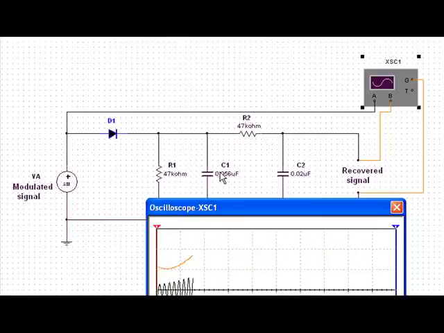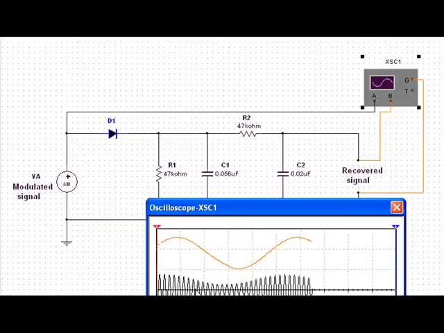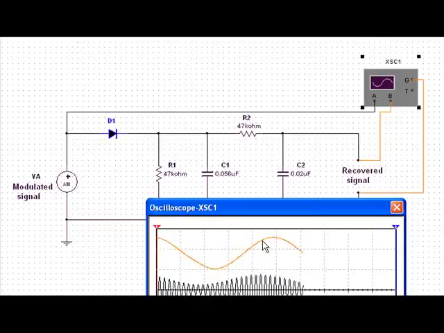Now, the trick in setting these up is that we want to smooth out the AC in the RF portion of this, but we do not want to do it so much that we smooth out the signal that is our recovered signal. So the time constants for the two-stage filter network must be short relative to the original modulating signal, but long relative to the high-frequency carrier signal.